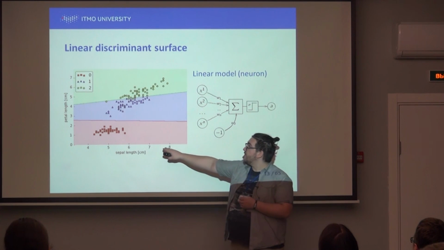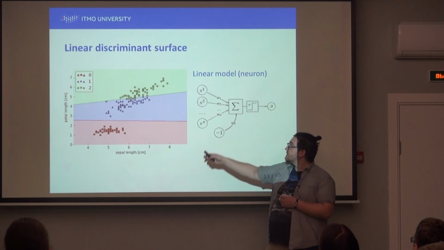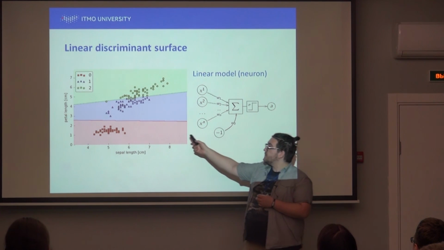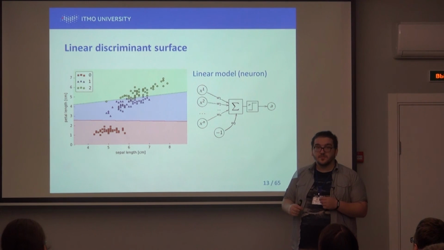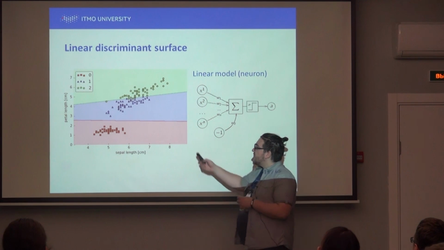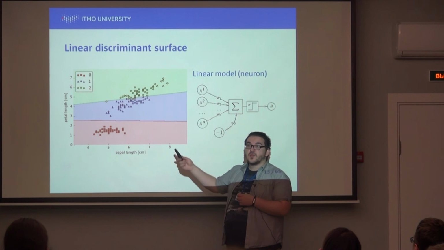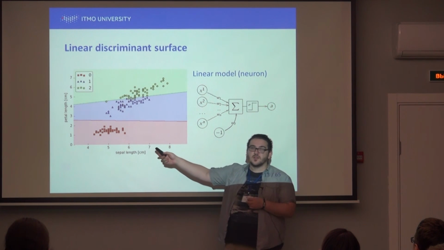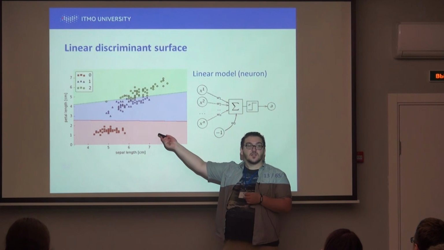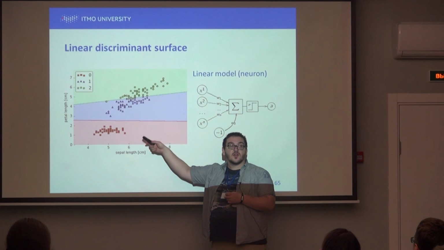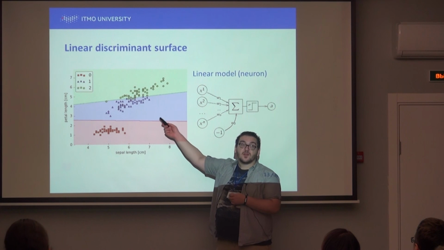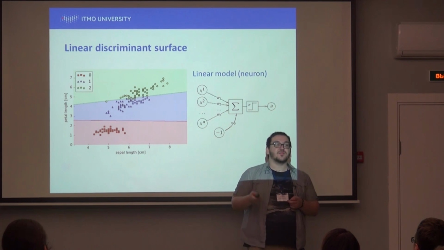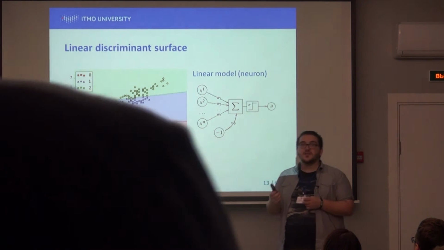We have 3 classes of irises, and we can just draw 2 linear separating surfaces which separate these classes. Then we say that every iris described with features that have values in this subspace belongs to the red class. All the irises that have features in this subspace belong to the blue class, and higher irises belong to the green class. It's that simple.